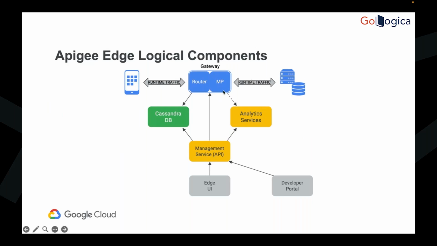Then when a request comes, APG will dump the data in a queue, Apache Qpid. Then from there, APG has its own processor that will process the queue and put the data in the analytics database. APG uses Postgres as the analytics database. So Cassandra is the platform database, but for analytics, Postgres is used.